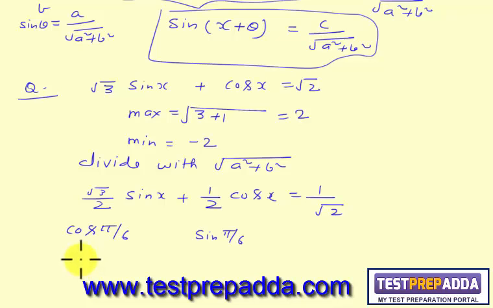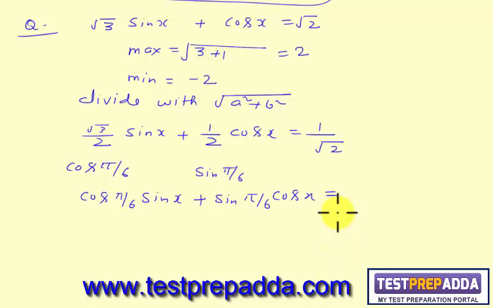So in place of this I can write cos pi by 6 sin x plus sin pi by 6 cos x, and 1 by root 2 I can write as sin pi by 4, 45 degree.